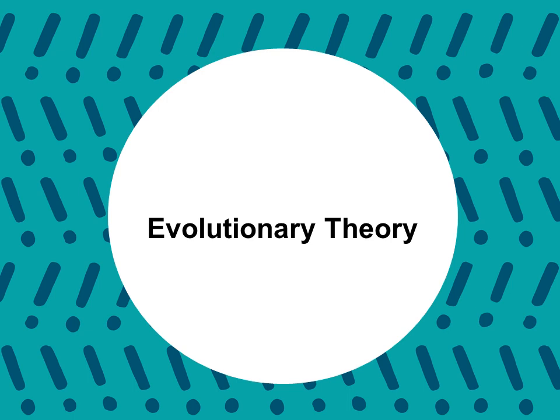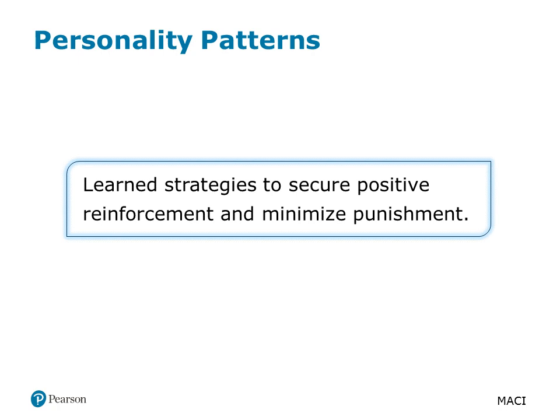I want to start by thinking first about how we conceptualize personality patterns, especially when you think about adolescents. One of the things that I forgot to point out when I was showing you the 12 personality pattern scales and the parallel DSM disorder labels, you noticed, I'm sure, that the labels for the MACI personality patterns are not as pathological as the labels for the DSM disorders.